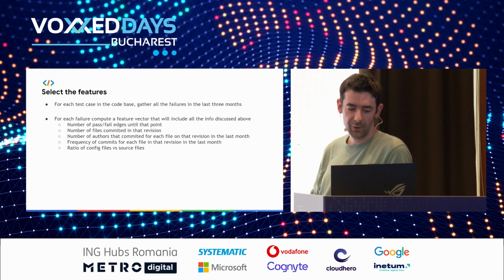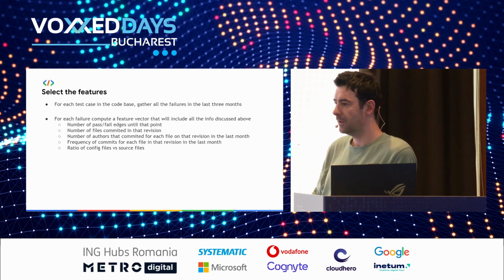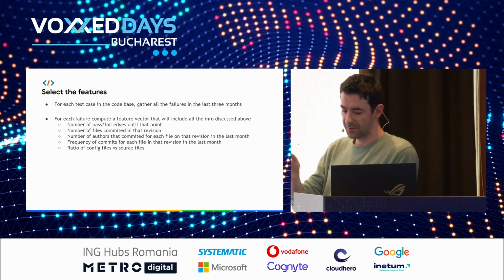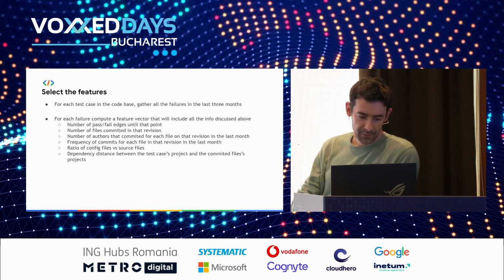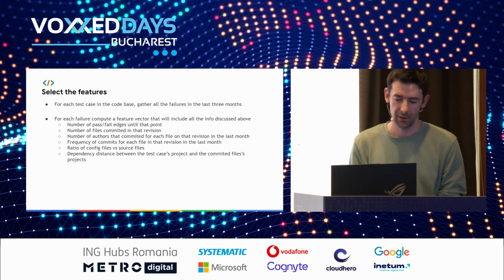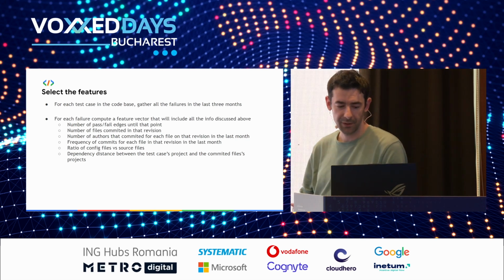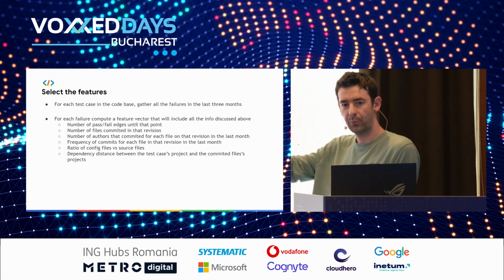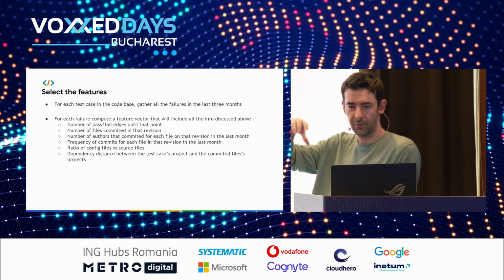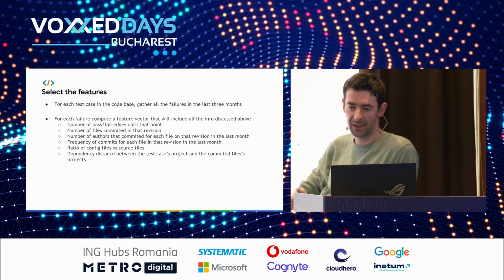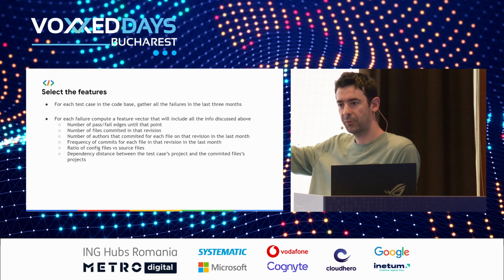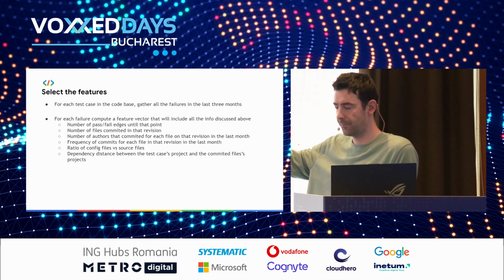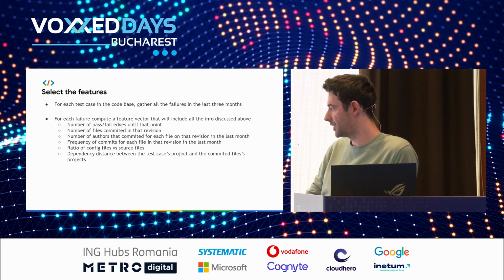And then we're going to look at the ratio of config files versus source files in that particular request that was merged when the test failed. And then we're going to compute, and that was the hardest part, the dependency distance between the project of the test case that failed and the project for the files that were changed.